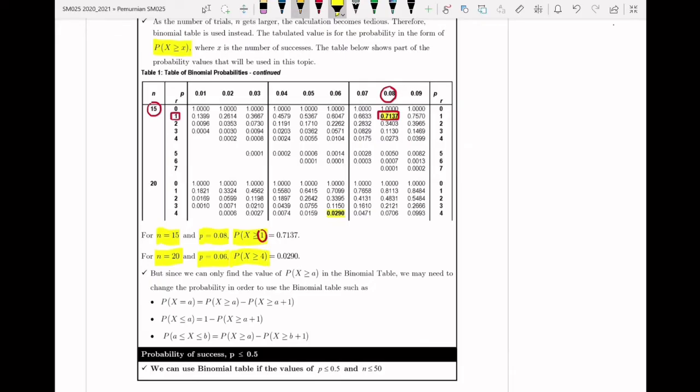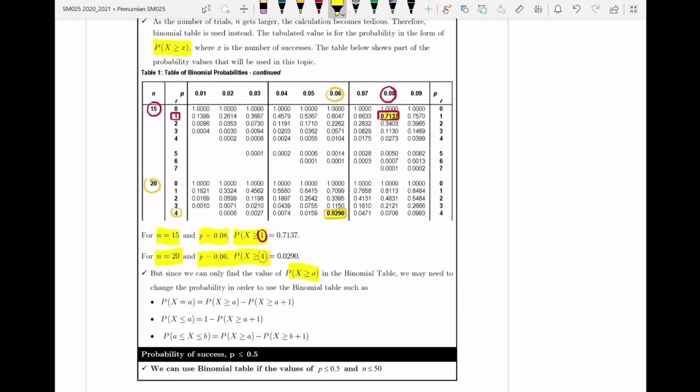So, n equals 20, p equals 0.06, and we need to find greater than or equal to 4. The answer is 0.0290.